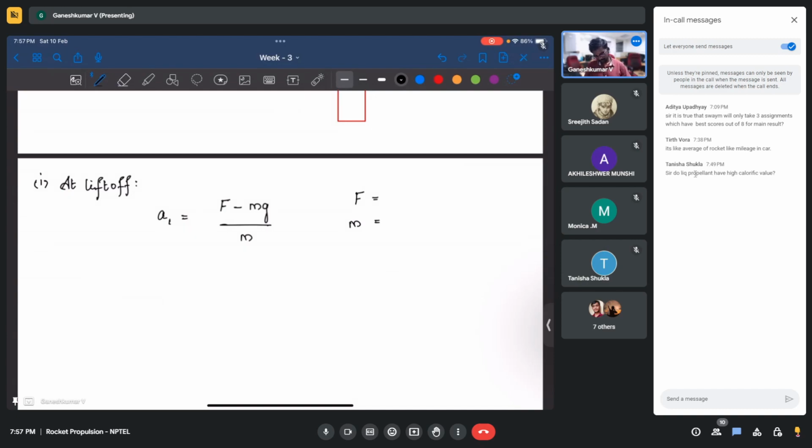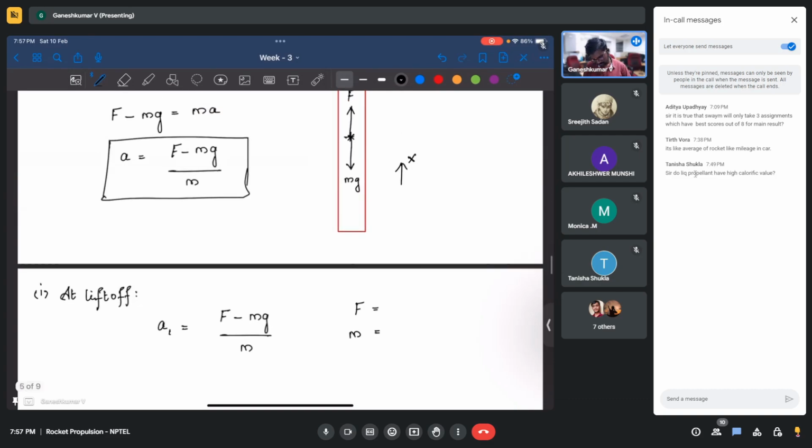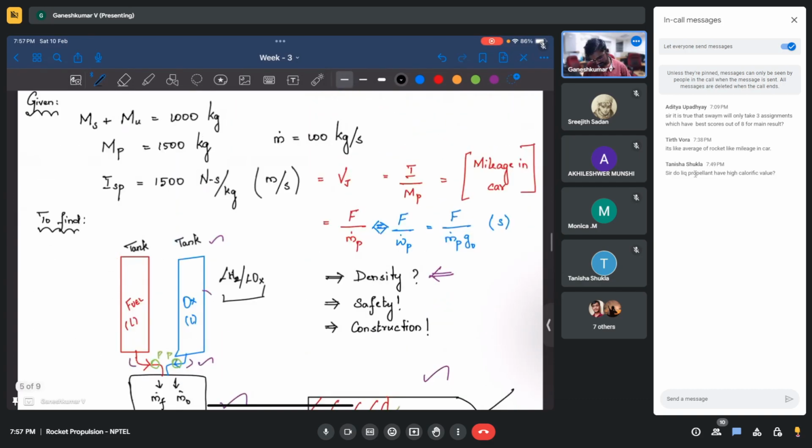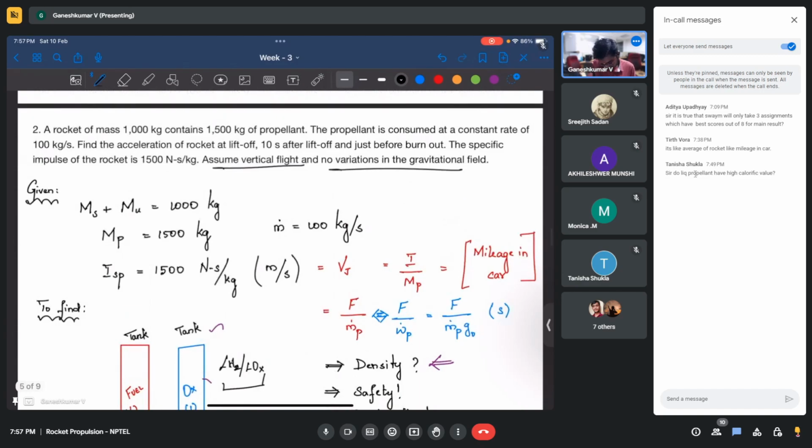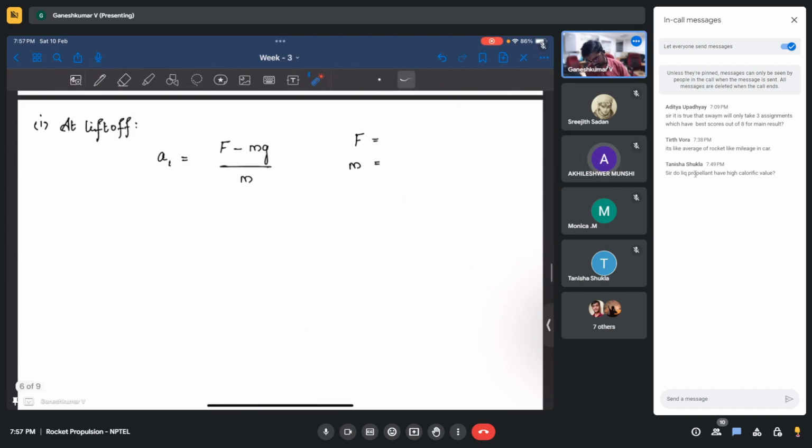So how can we find F? We can find it using the mass flow rate times the specific impulse.